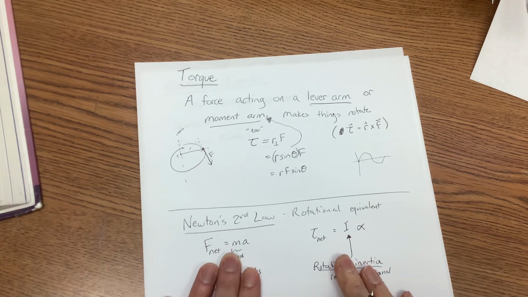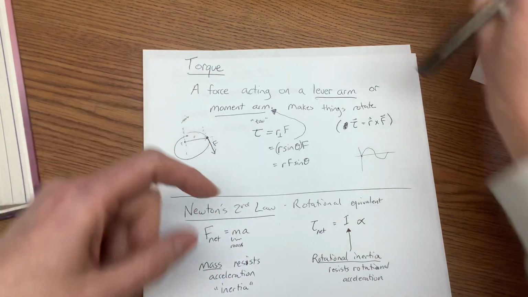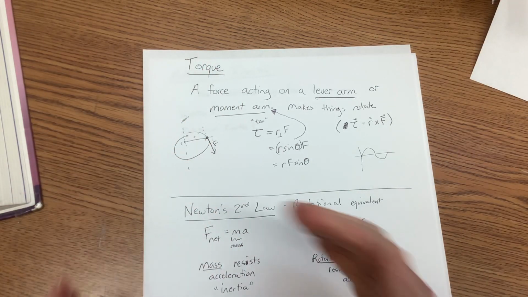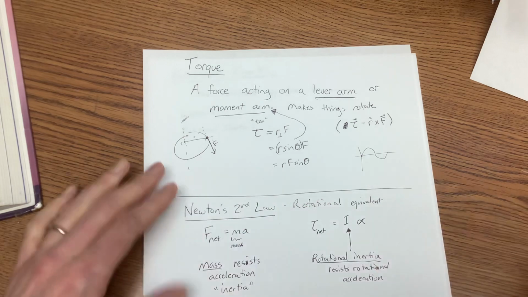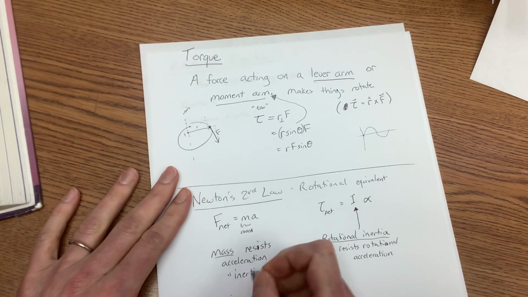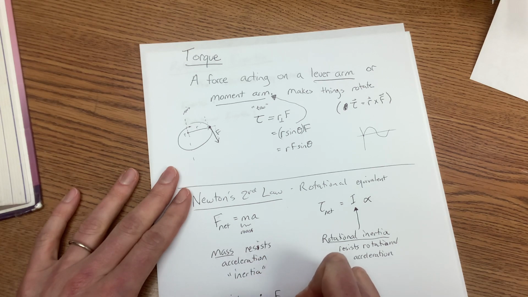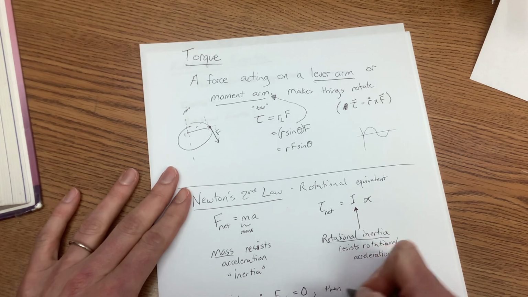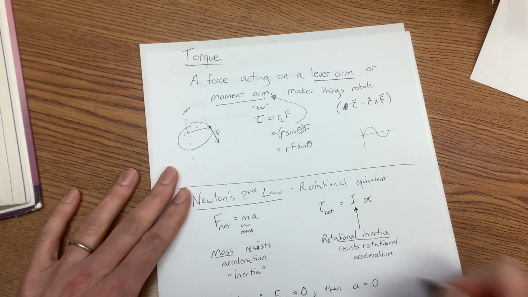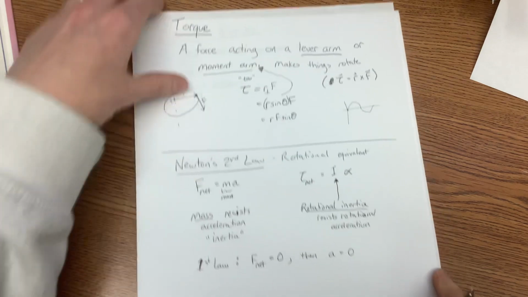So this is our rotational equivalent of Newton's second law, and you can use it in much the same way. If I have some torques trying to rotate things in opposite directions, and this is the first law equivalent: if F net equals 0, then the acceleration is 0 and the object does not change what it's doing.